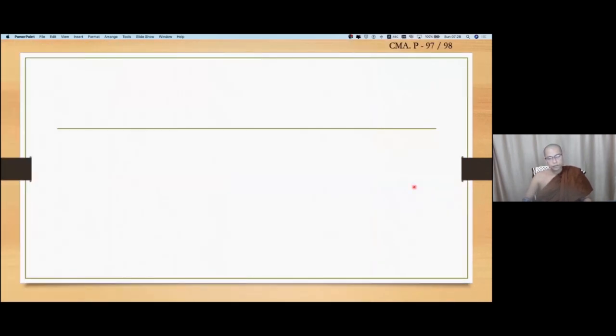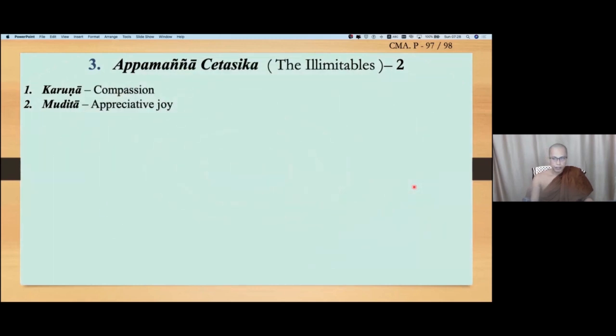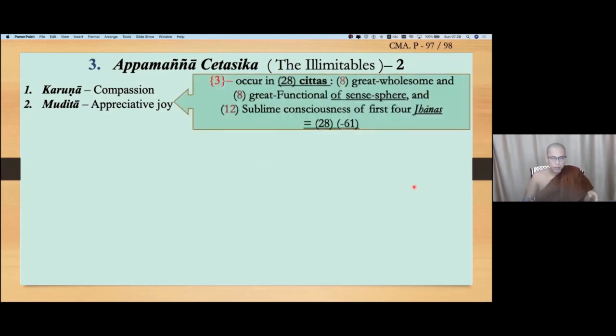Then for the next group, the illimitables, Karuna, compassion, and Mudita, appreciative joy. They occur in 28 consciousness, as already studied, and they cannot arise with 61.